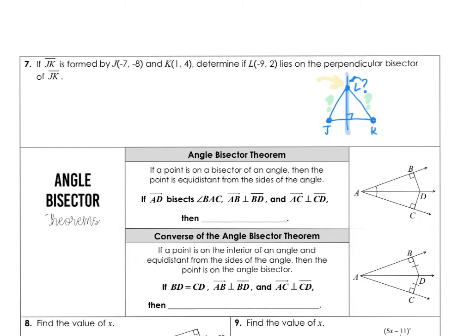If they're equidistant. So, good thing we remember how to find the distance between 2 points. Distance between 2 points is found by using the distance formula.